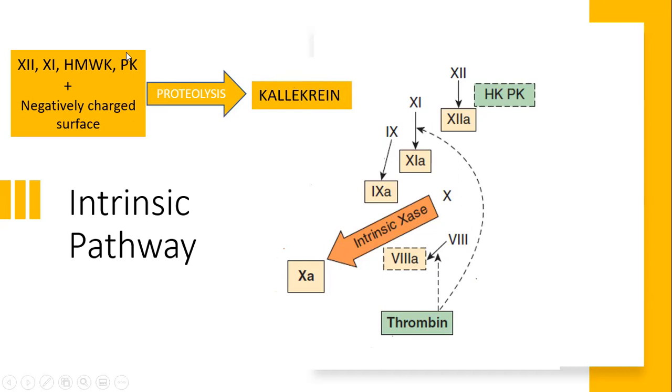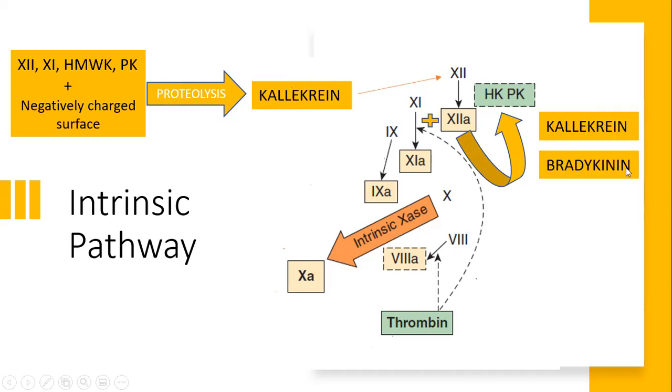So it comes from here. This activates your clotting factor 12 to form your 12A. Clotting factor 12A can then activate more high molecular weight kininogen and more prekallikrein to generate, again, the product of prekallikrein. That would be your kallikrein as well as your bradykinin.